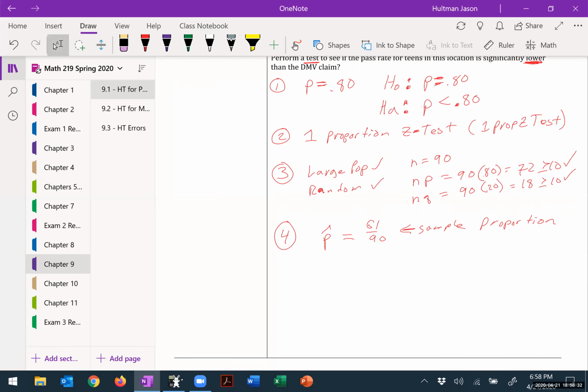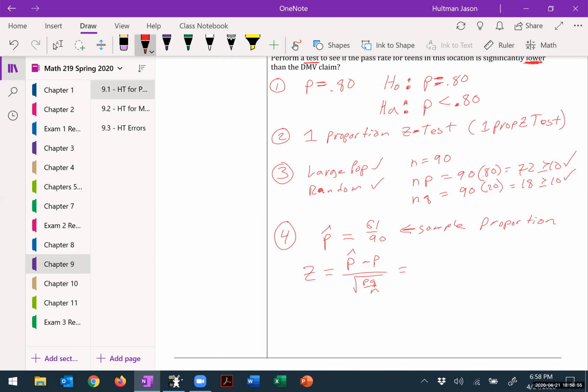Okay, so how are we going to calculate our z-score? Well, to get our z-score, it's going to be p hat minus p naught, all over the square root of pq over n, because it's a sample proportion. So what's p hat?